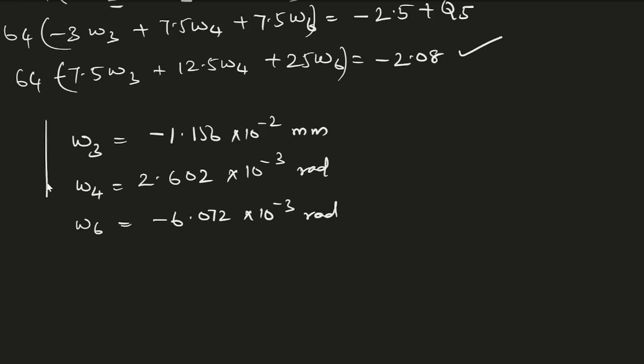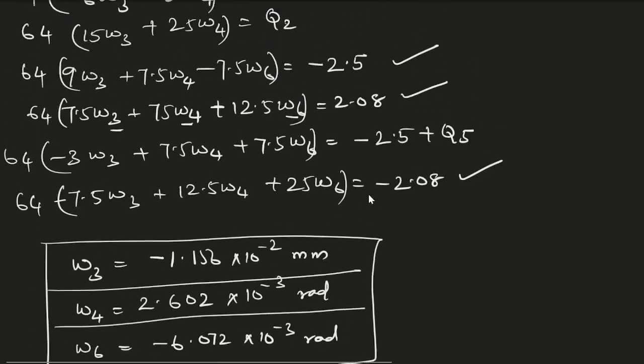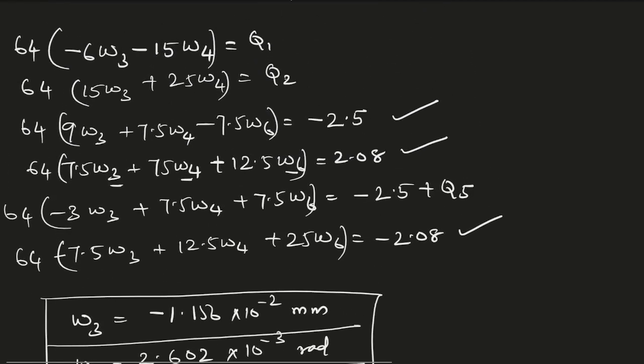So these are the 3 deflections and slopes. One deflection, W3 is a deflection, W4 and W6 are slopes. So you found out these values. Now what you can do is put these values in the first equation to find out Q1 and Q2.